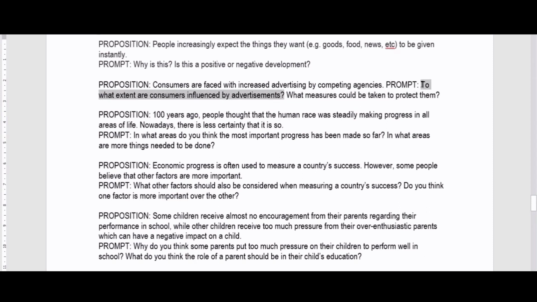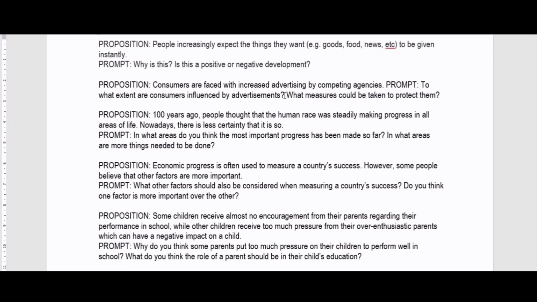So this is clearly a crossover, particularly because of the to what extent phrase. So in this particular prompt, if the student is trained under the methodology that we've been discussing in these videos, then we can infer that we can argue that some people are influenced by advertisements, some people are not influenced by advertisements, and then you cross over to the other side where you say that some consumers are indeed influenced by advertisements, and therefore there are certain measures that could be taken to protect them.